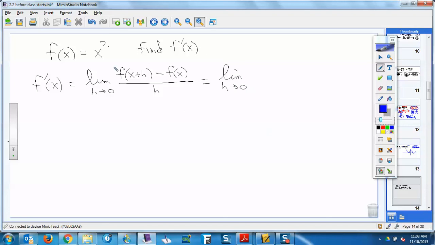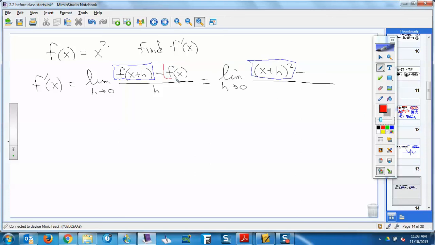Let's put that in a blue box. So what's f of x plus h? That means take x plus h and plug it in to this function for the x. So that will be x plus h squared, right? And that's in the blue. So that's basically the blue box right there.